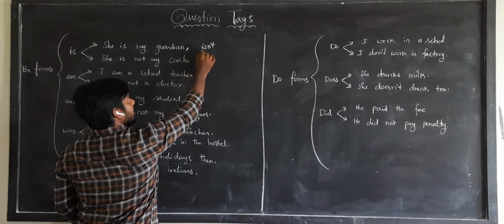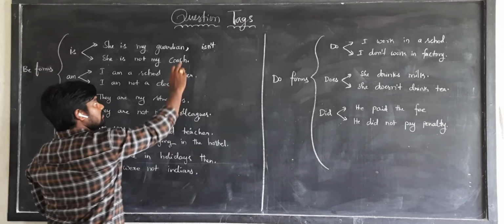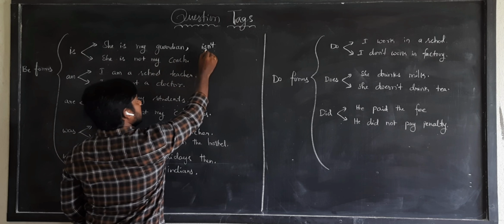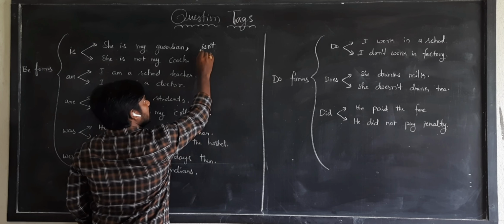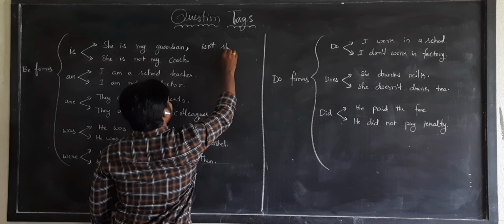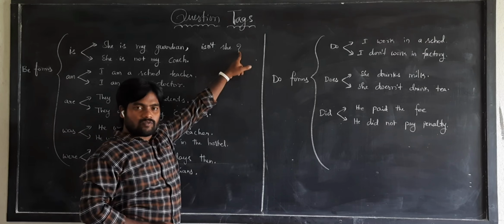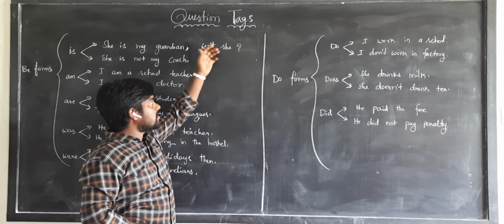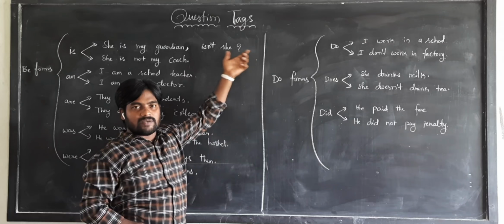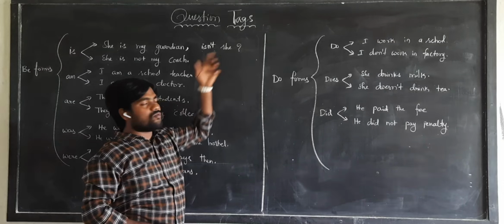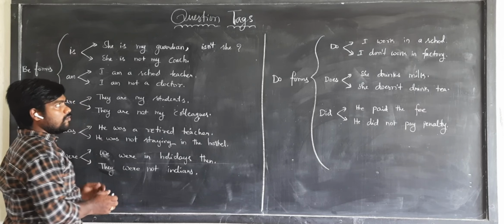It becomes a negative tag. She is my guardian. You are asking a question: isn't she? Last, a question mark. Why? Because we are asking a question. We are making a tag, so we keep a question mark at the end of the word.